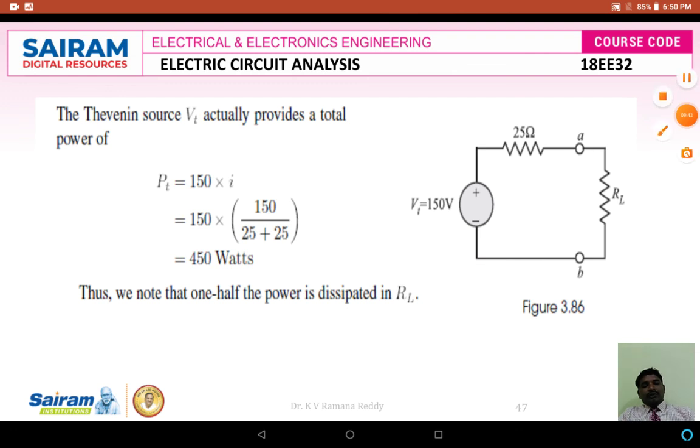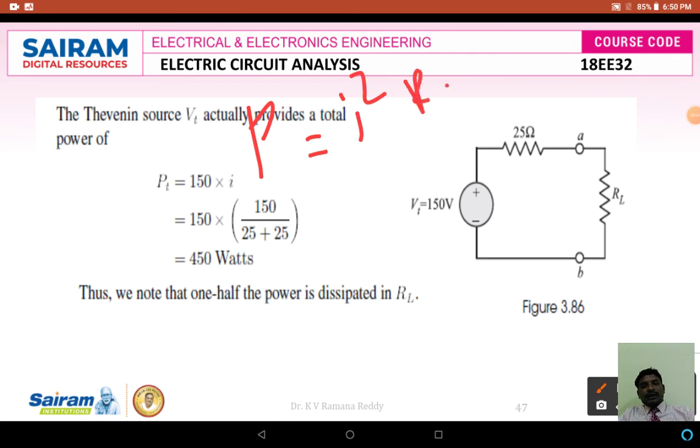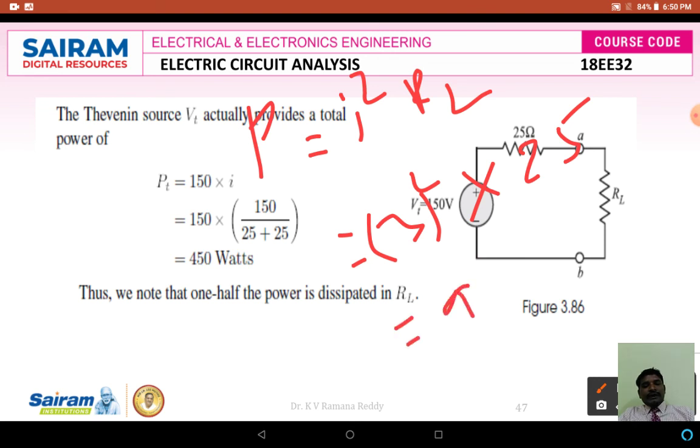Now if I am going to find out P is equal to I square into RL, just now I got I is equal to 3 amperes, that is 3 whole square into RL. What is the value of RL here? It is 25. 3 whole square is 9. 9 into 25 is equal to 225 watts.